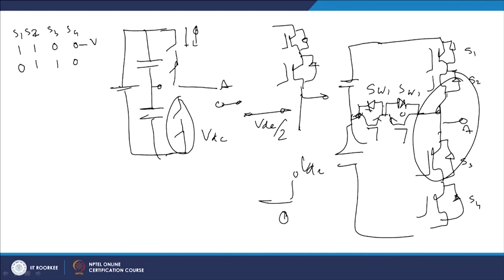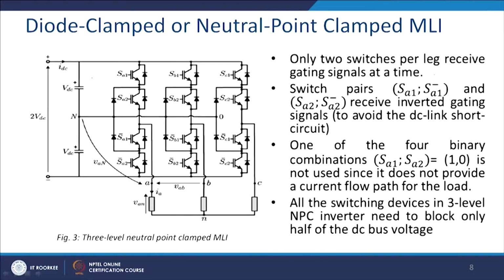In this case, you get VDC, and when it is 0 0 1 1, you get minus VDC. And how you get 0? There are many combinations. Now, see that if I can switch over to the practical circuit, here we have put 2 switches.